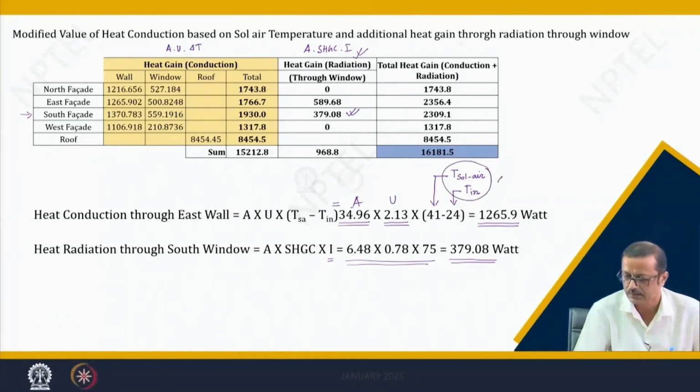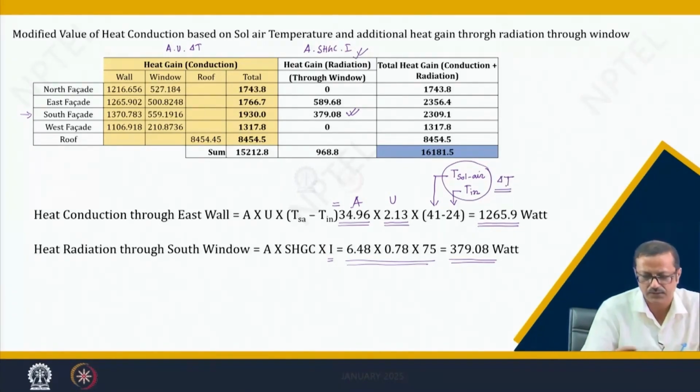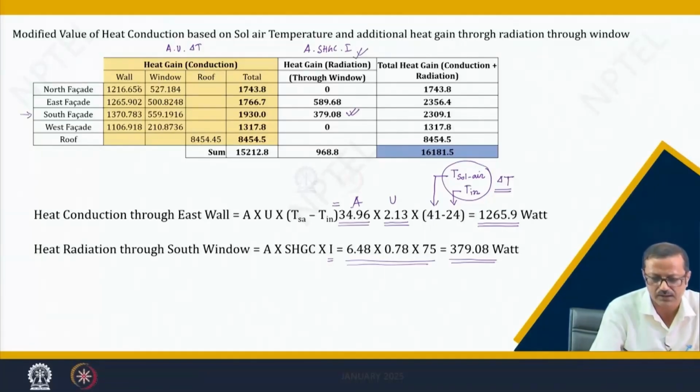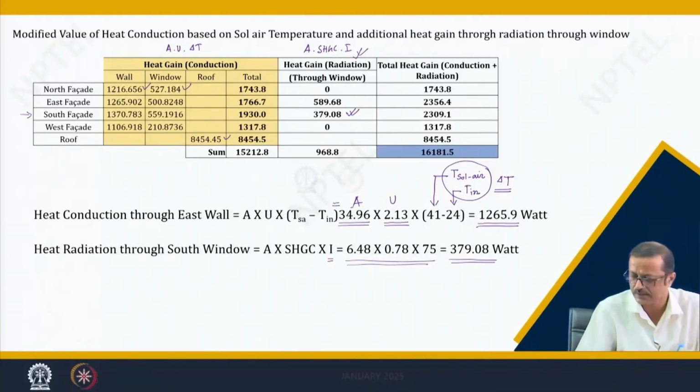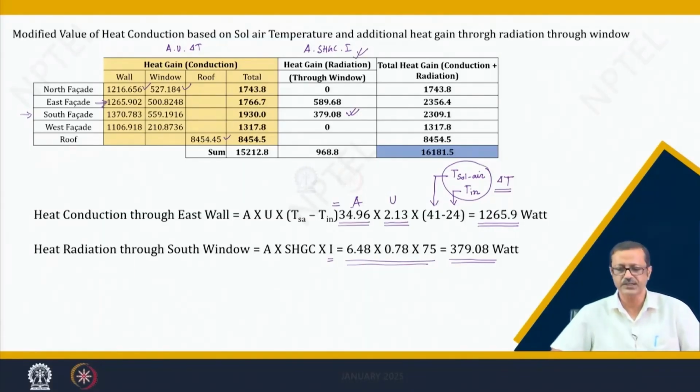So, I am getting heat conduction through all the surfaces: wall, window and roof, for all the facades. Heat conduction through the east wall is 1265. This is what I have calculated as a token explanation.